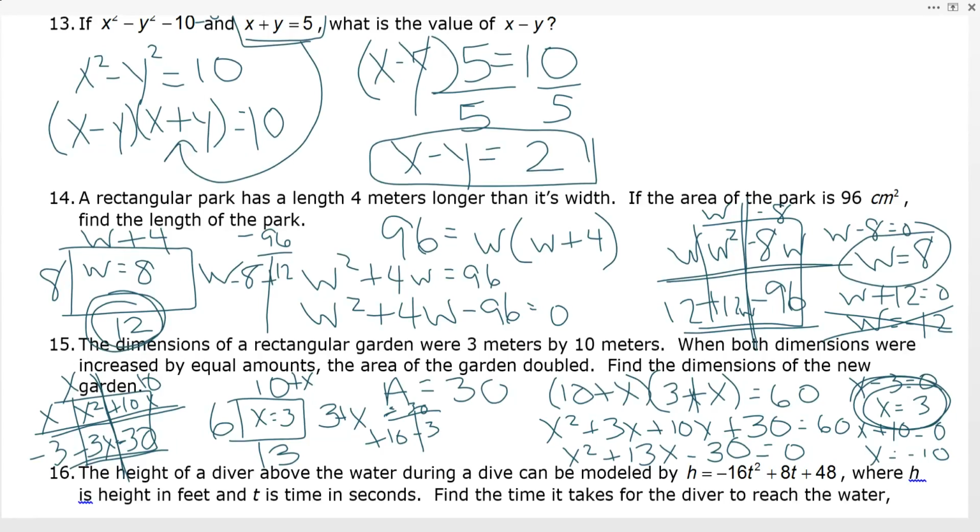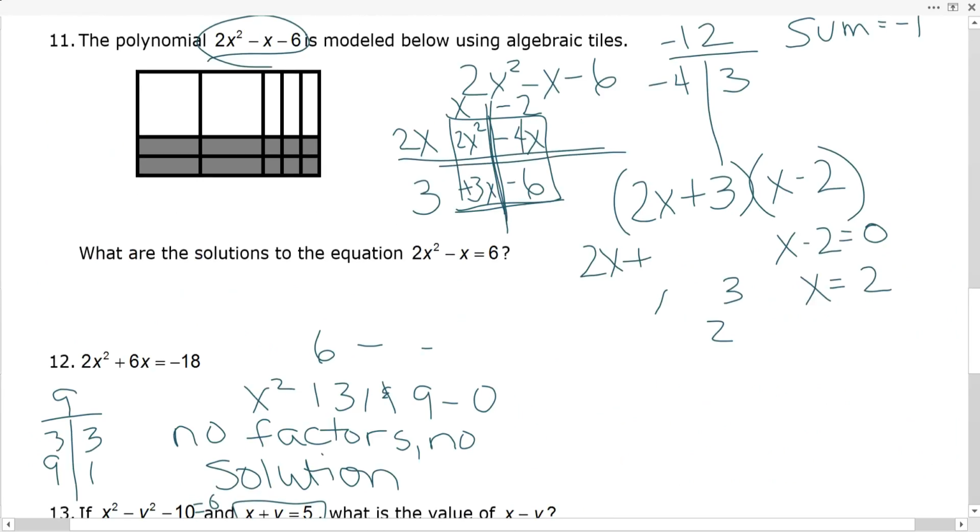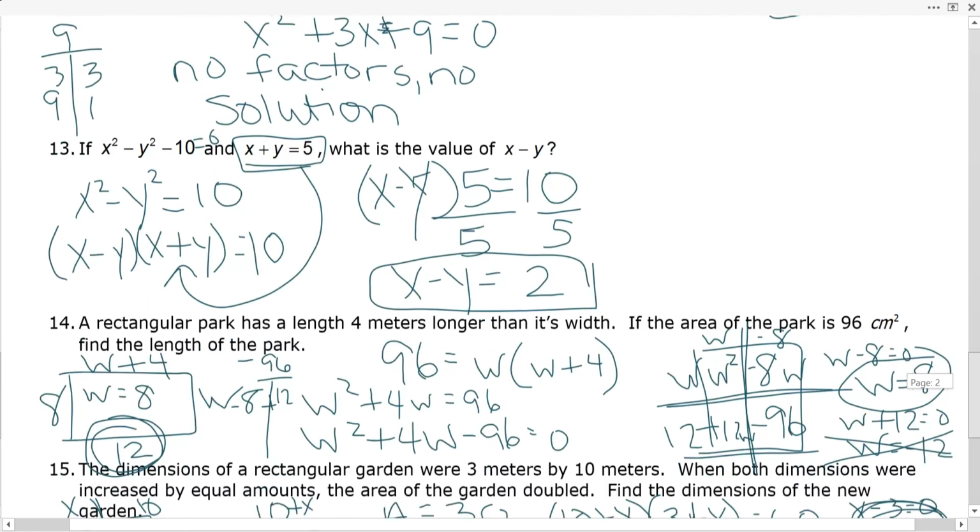No, plus 10 minus 3. x minus 3, x plus 10. What did I do wrong? Okay, I'll come back to that one in a second, because I did something wrong. I just don't know what I did.